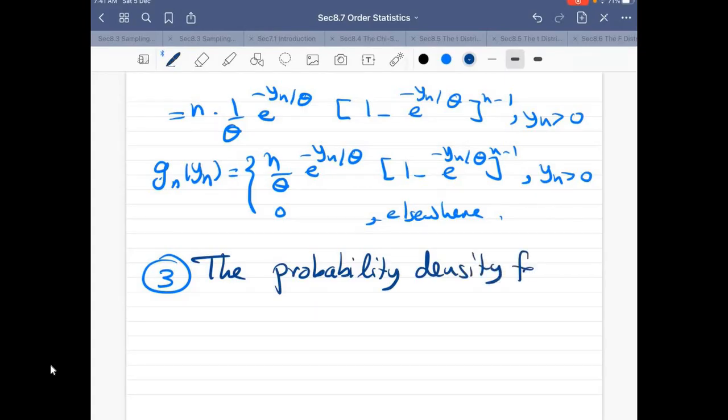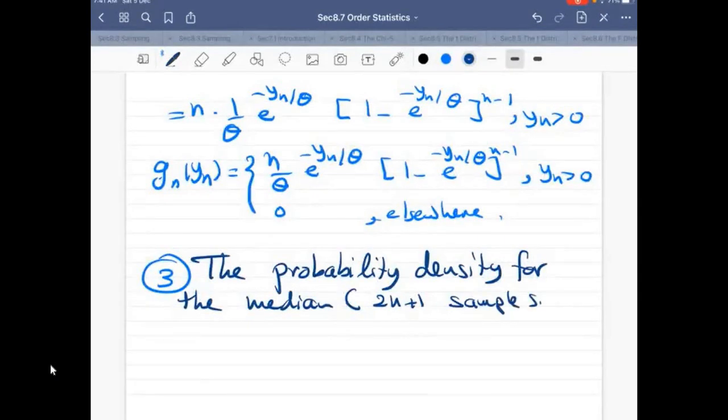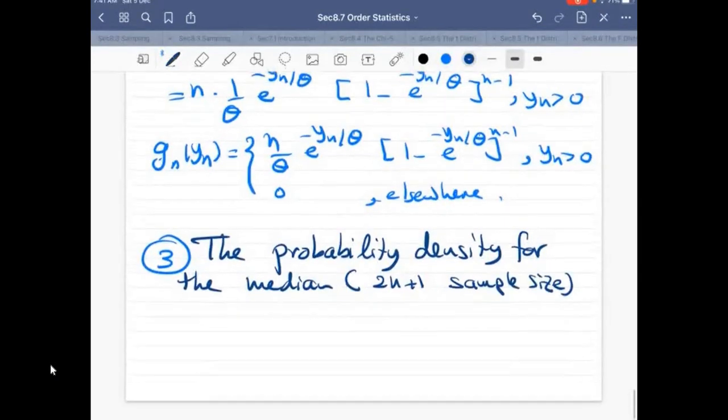Our third item is the probability density for the median, in case I have a sample size of 2n plus 1, an odd sample size.